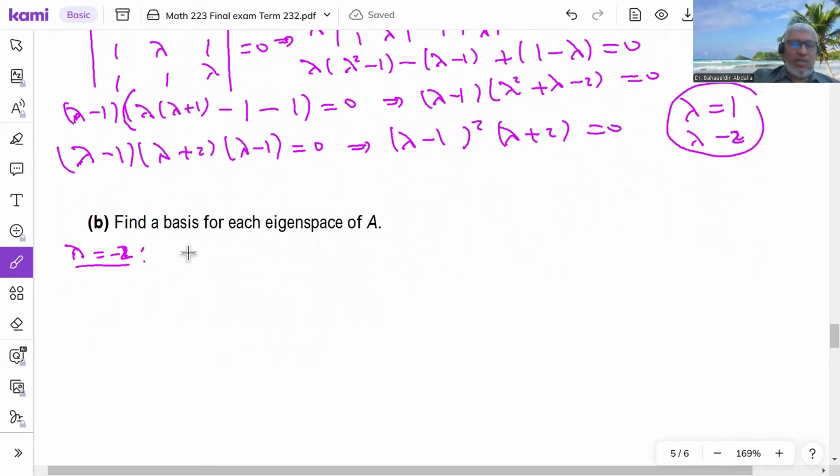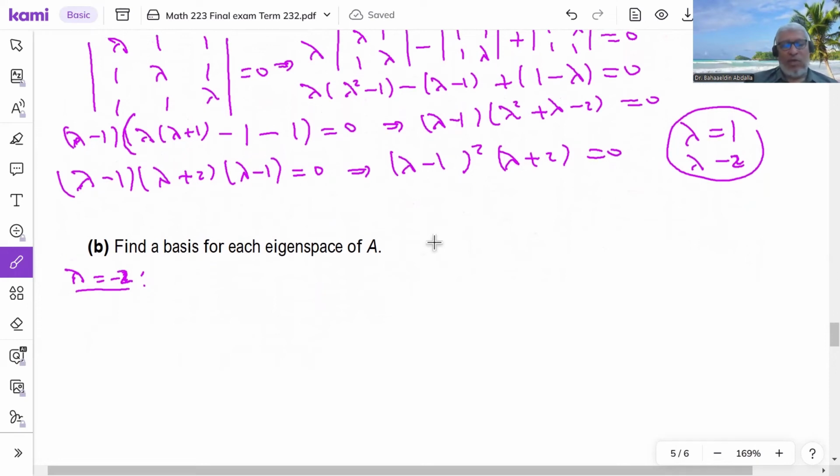To find the eigenspace, I solve the equation lambda I minus A, as a matrix, times the vector x equals the vector 0.